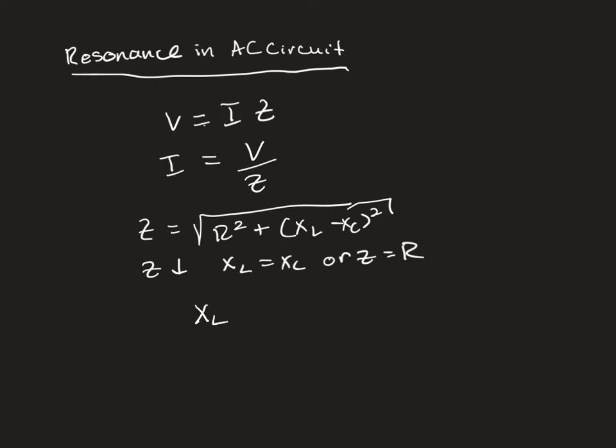We're going to set the inductive reactance equal to the capacitive reactance and then sub in. And I'm using a little circle to indicate that this is the resonance frequency. And then we're going to solve for the resonance frequency, and this gives us a relationship that looks familiar.